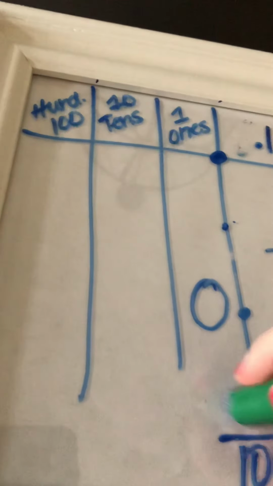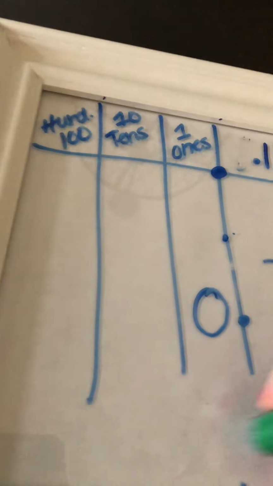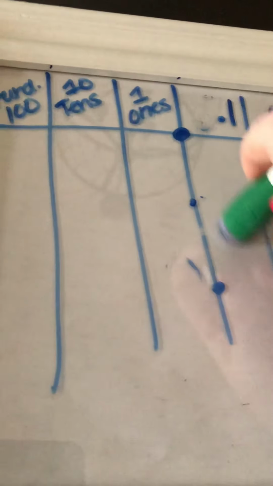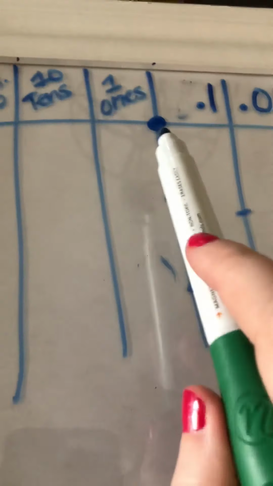The next thing that it is asking you to do is match word form to decimal form. So we know that we always say and at the decimal.